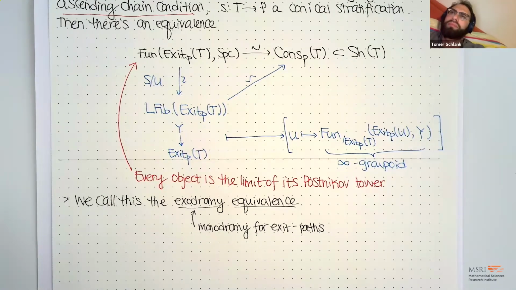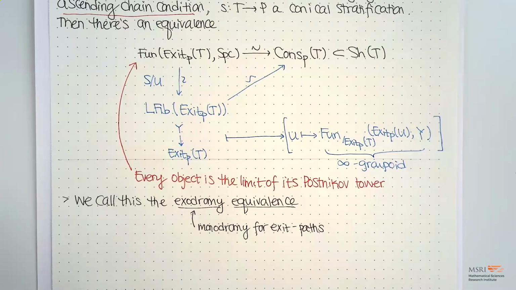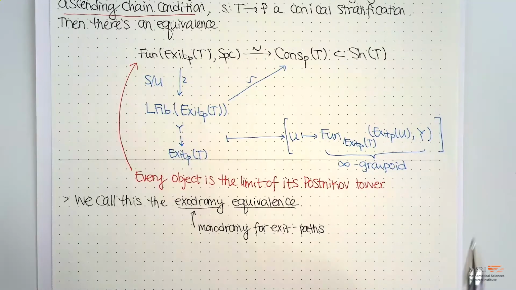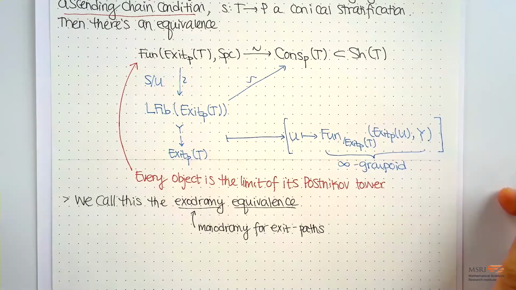While I'm unmuted, could I ask, is exit paths of U a left fibration over exit paths of T? Just double checking. Well, it's cofibrant in the model structure, if that's what you want. Cofibrant, but is it fibrant? Because we've written morphisms in left fibrations.